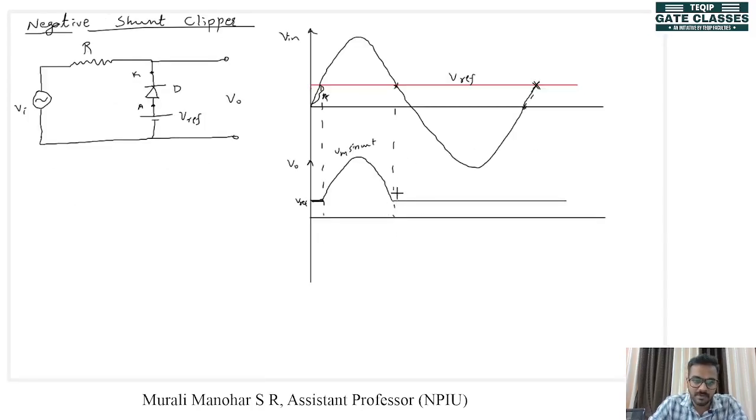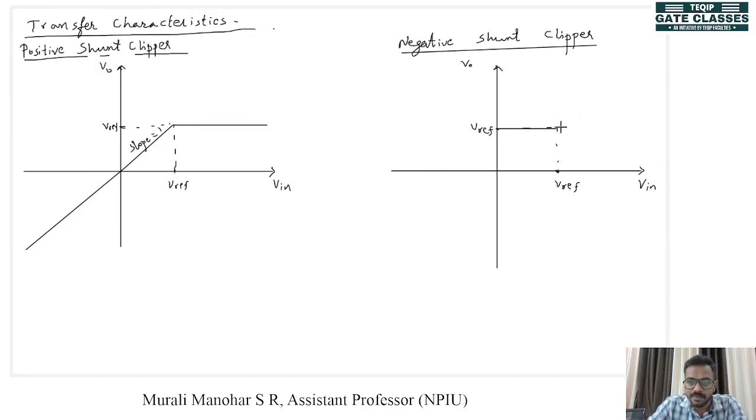And what happens after Vref? After Vref, V out is equal to V in, right? After that, V out is equal to V in. So this is Vref, and here the slope is again 1.